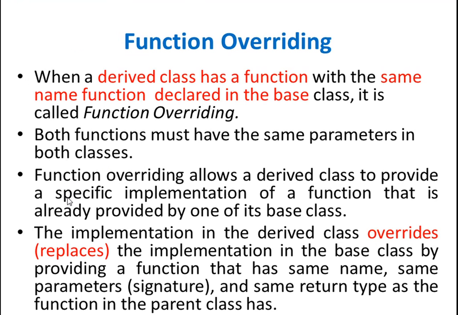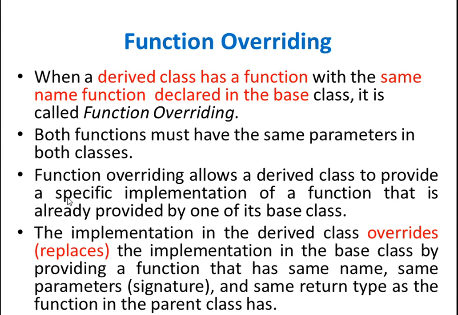Now we are going to see function overriding. When the derived class has a function with the same name as the function declared in the base class, it is called function overriding. As we learned in the first slide, function overriding requires inheritance. So inheritance means there is a base class and a derived class.